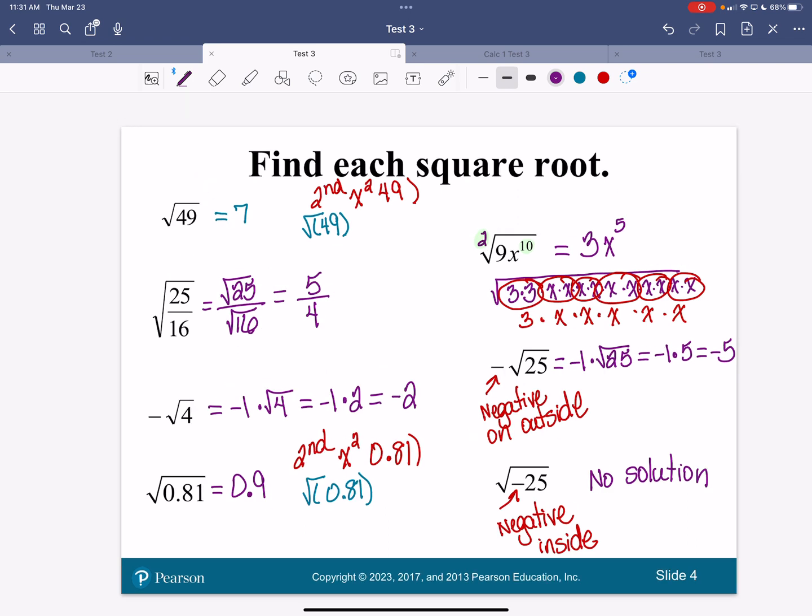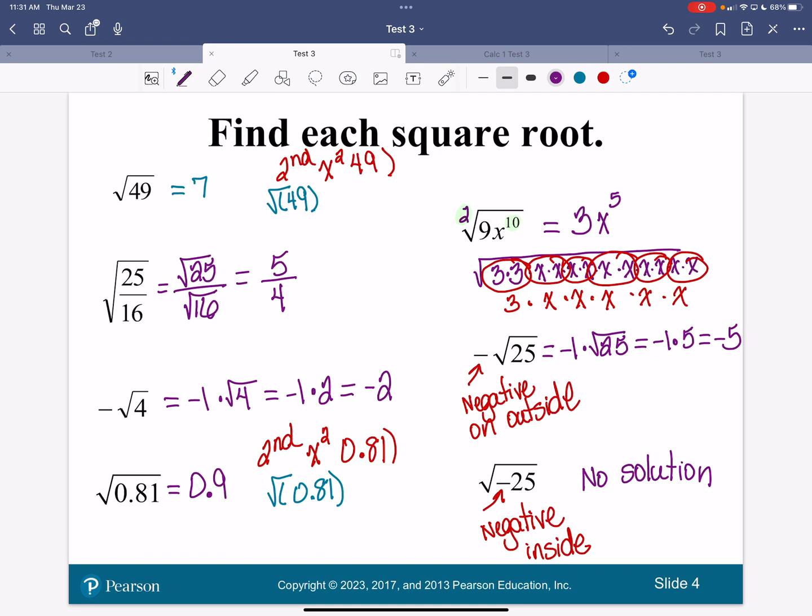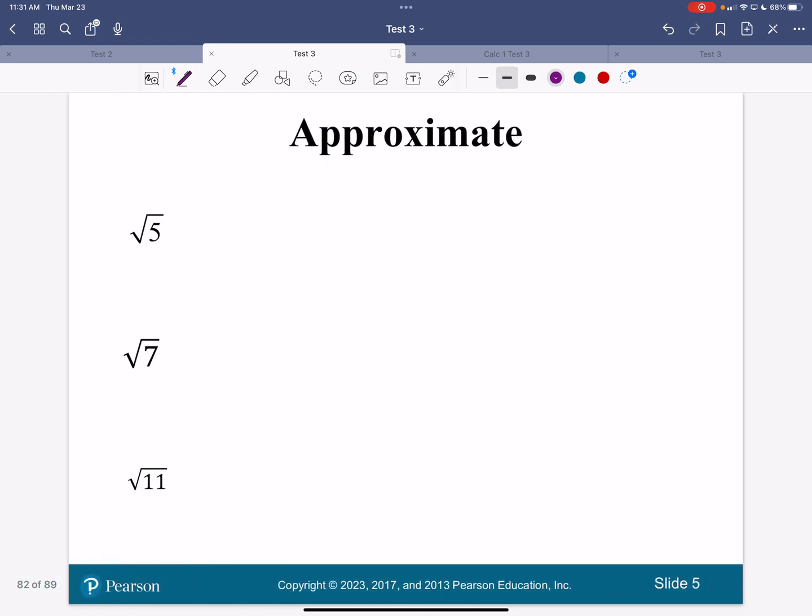Okay, let's move to the next. Now we are going to approximate. When you see the word approximate, that means a rounded decimal is okay.